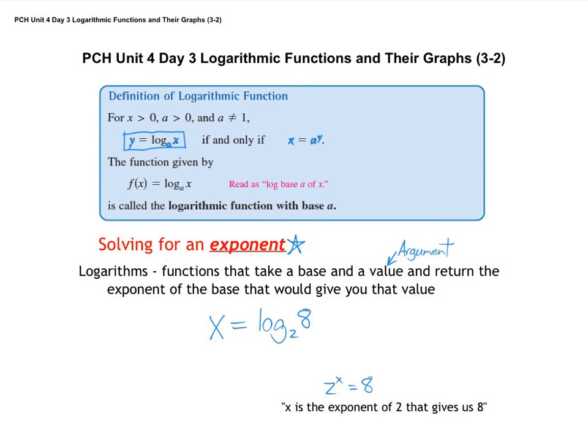And I know it's kind of a backwards way of thinking of it from what we're used to, but this is just how you have to interpret it. If I see x equals the log base 2 of 8, that means 2 to the x power will equal 8. And actually, converting equations back and forth between these two forms is going to be an important skill that we're going to develop here.